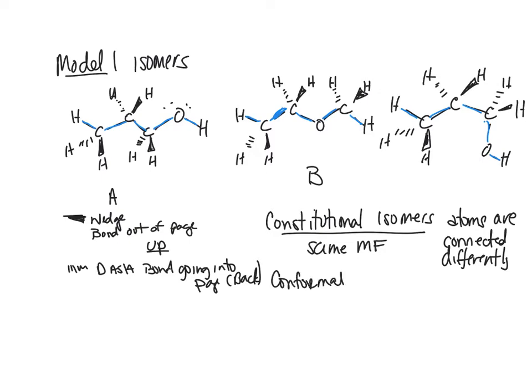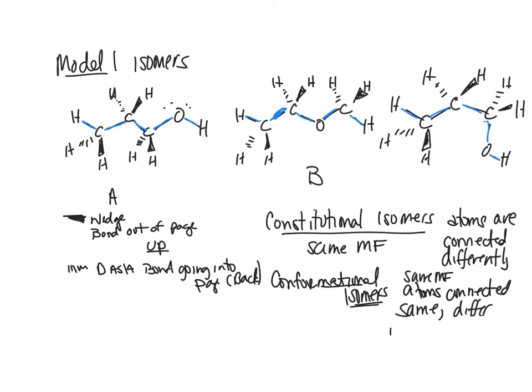Conformational isomers, and they are atoms. Of course, they have the same molecular formula if they're isomers. They're atoms that are connected the same, but they differ around the bond rotation, around the single bonds.